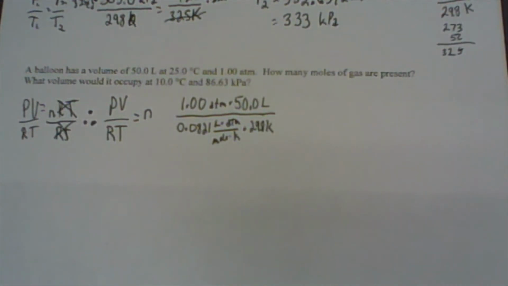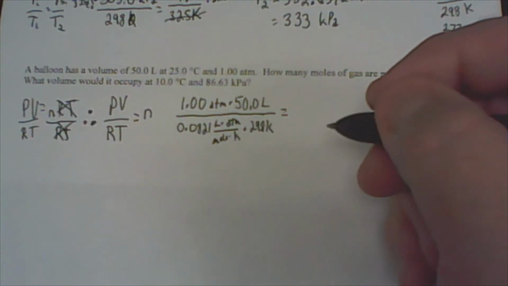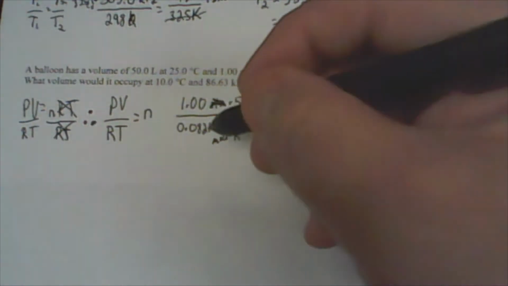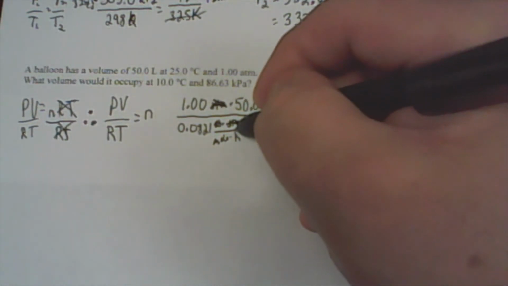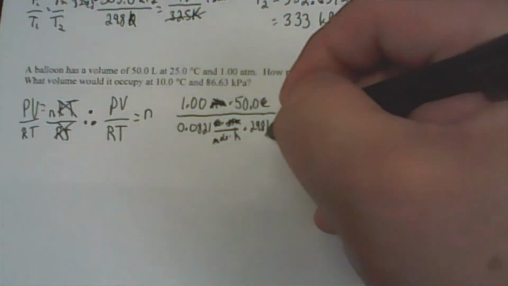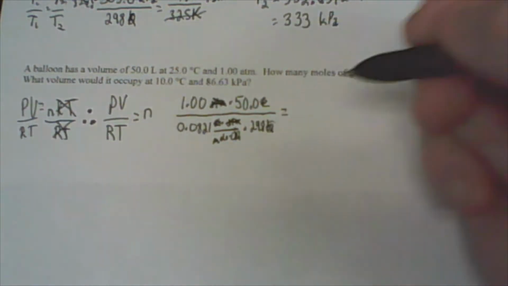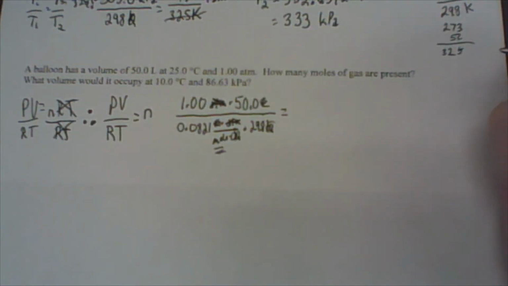All right, so at this point, I can simply do the math. I've got atmospheres here, I've got atmospheres there, they're going to cancel out. I've got liters and liters, they're going to cancel out. Since these are on the bottom of a line here, it's going to go up on top. So Kelvin and Kelvin are going to cancel out, and I'm going to be left with moles.